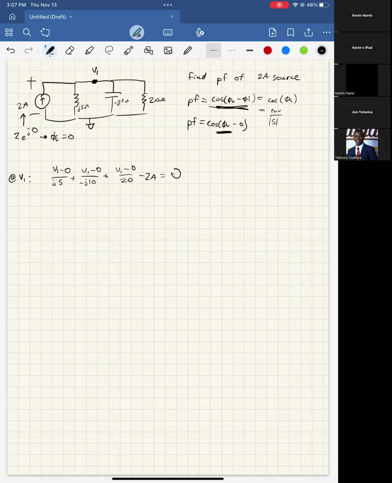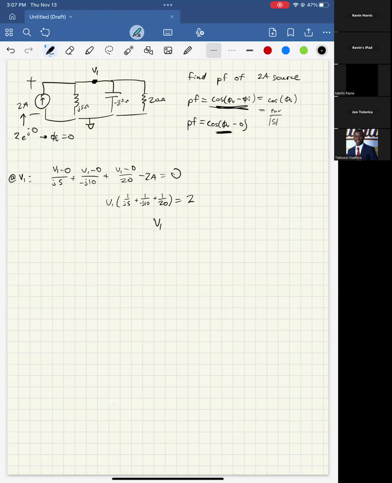I'll go through how I would do this in my calculator, because I don't want to do the math written out since I will mess it up. So it would be V1 times 1 over j5 plus 1 over negative j10 plus 1 over 20 equals 2.